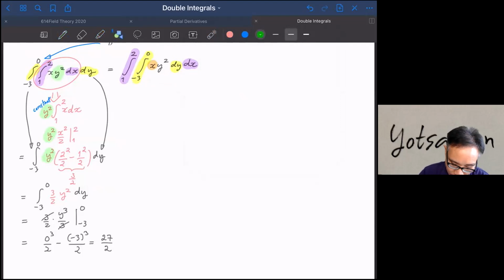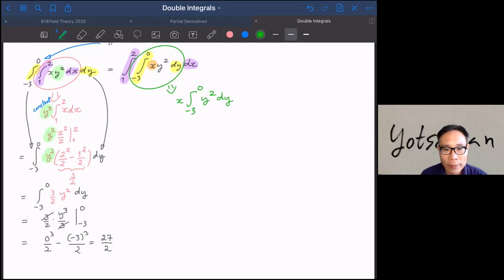You have x times the integral from -3 to 0 of y squared dy, so you get y to the third over 3 from -3 to 0, and you copy x down.